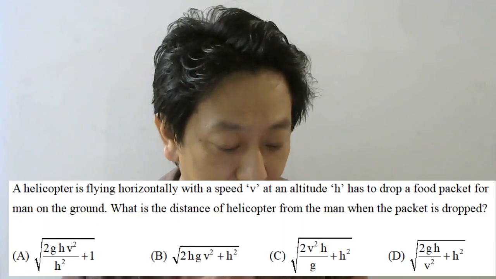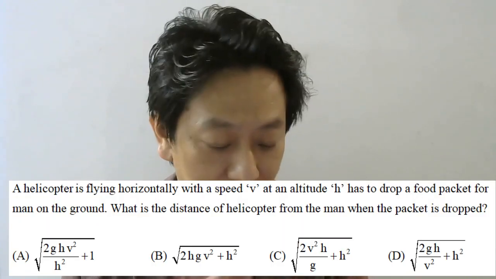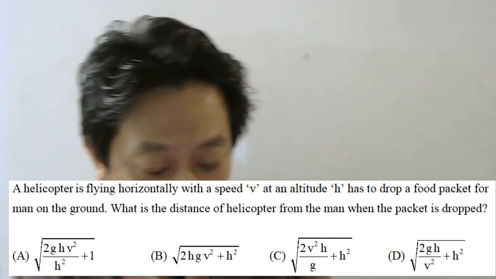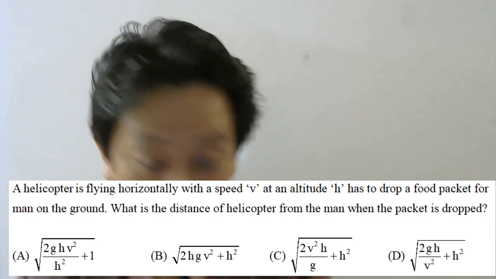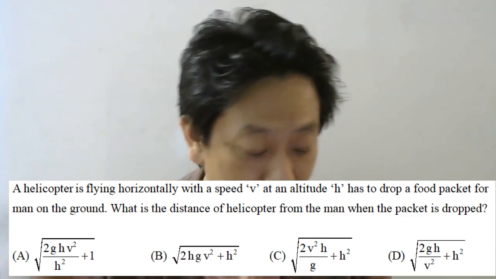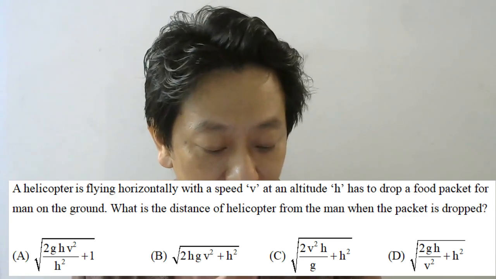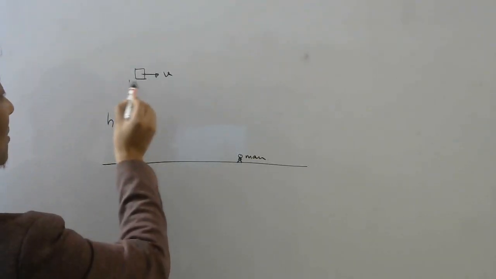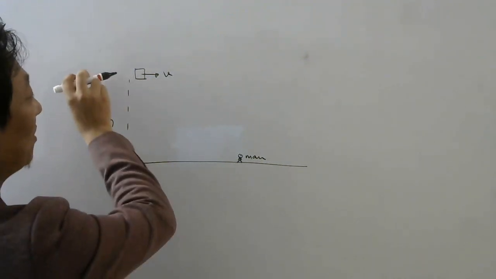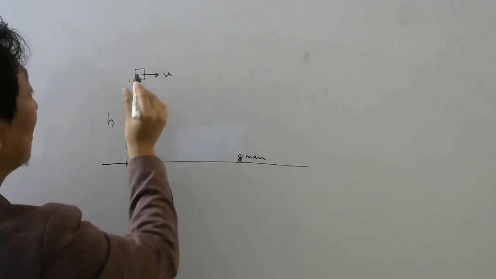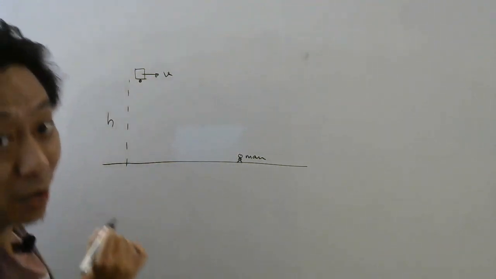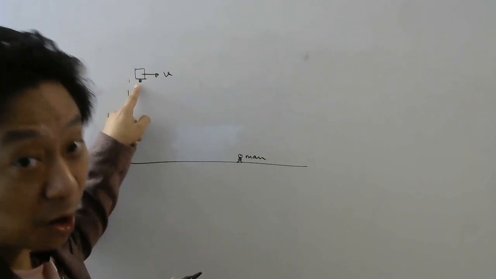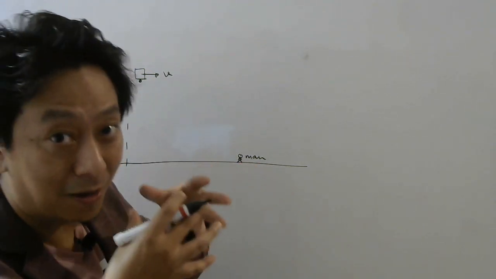It says a helicopter is flying horizontally with a speed v at an altitude h, has to drop a food packet for a man on the ground. What is the distance of helicopter from the man when the food packet is dropped? Let us assume this is the helicopter which is moving with speed v horizontally. Now it drops a packet here. Now remember, even if you are dropping, it will not have zero speed because it is dropped from a moving helicopter.